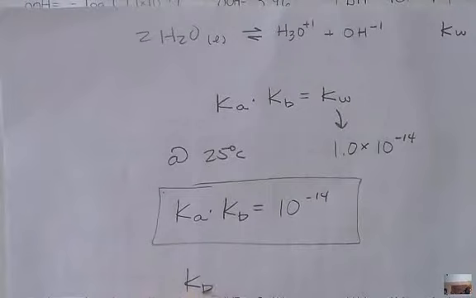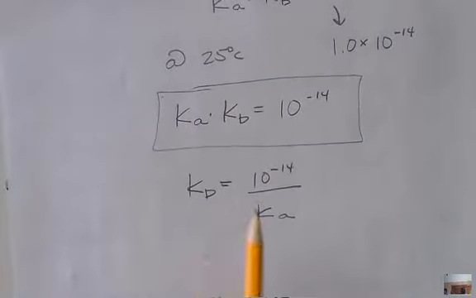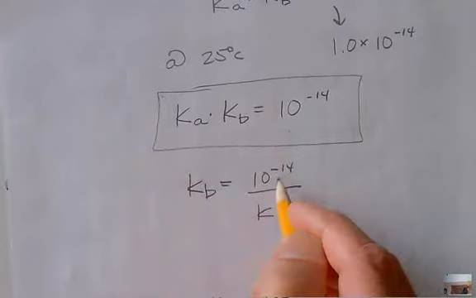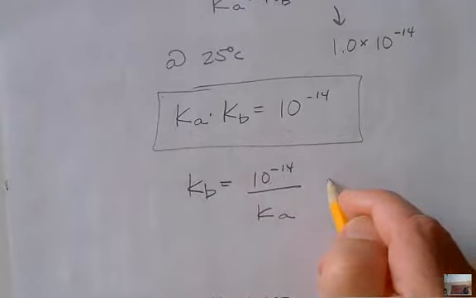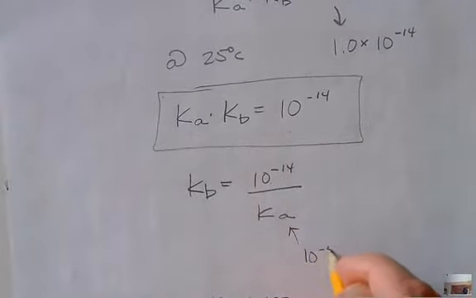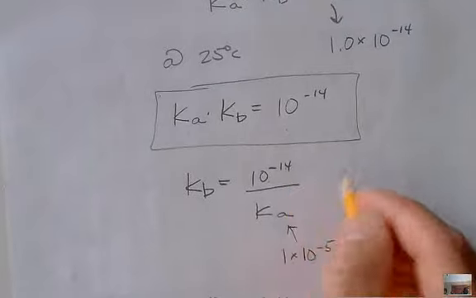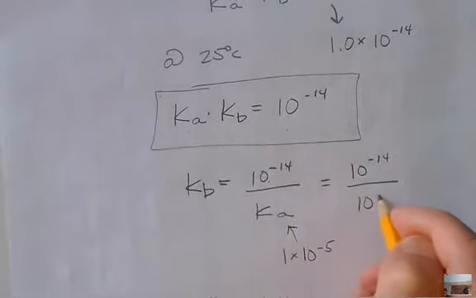Kb is 10 to the minus 14th divided by Ka. So that's just algebra. To rearrange this, I just bring this Ka underneath. So if I need to know the Kb, I take 10 to the minus 14th and divide it by the Ka. So let's do an example. If I had a Ka that was 10 to the minus 5, which is pretty typical, like 1 times 10 to the minus 5. Okay, so what's this going to be? 10 to the minus 14th divided by 10 to the minus 5, right?